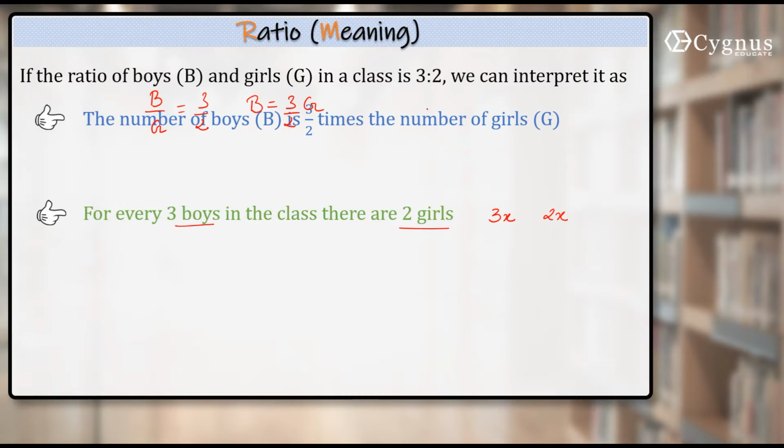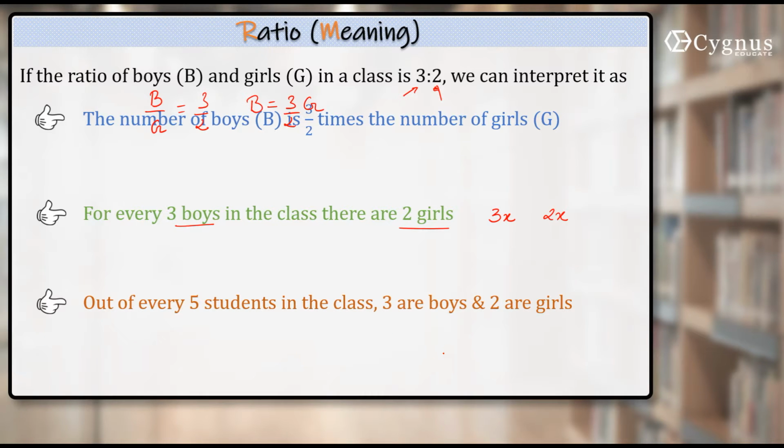Third meaning. If there are 3 boys and 2 girls, can I say there'll be 5 students in the classroom? For every 3 boys, there'll be 2 girls and the number of students will become 5 there. So what's the third meaning? You can say that for every 5 students in a class, there'll be 3 boys and 2 girls. Yes or no? Let's try to apply this concept in a few questions.